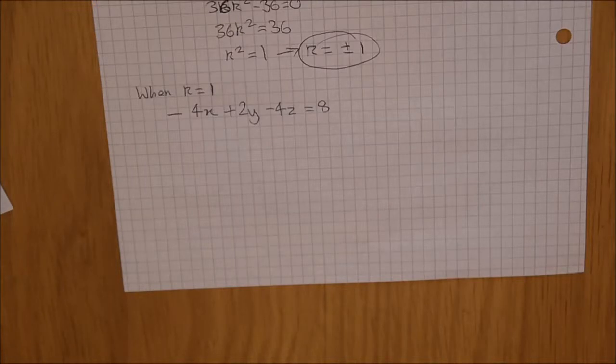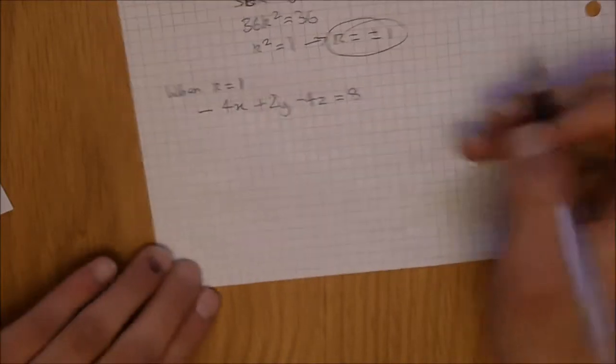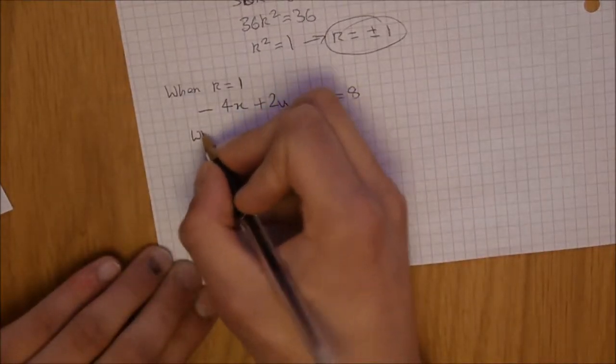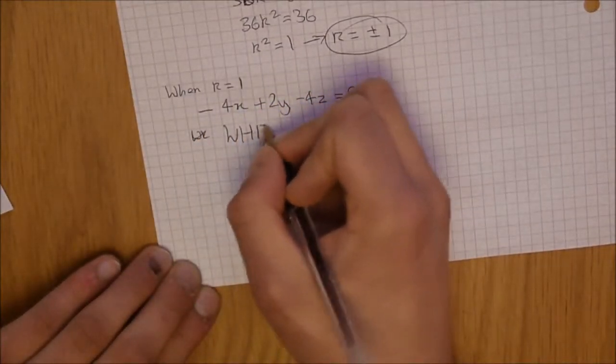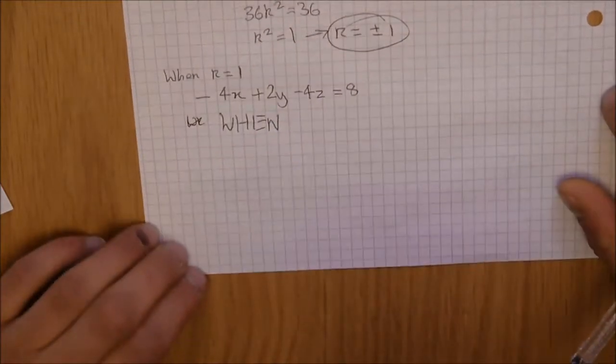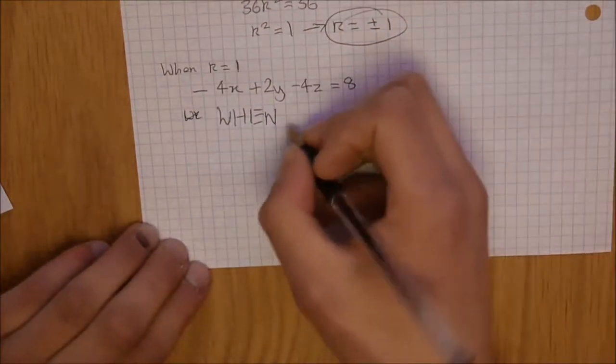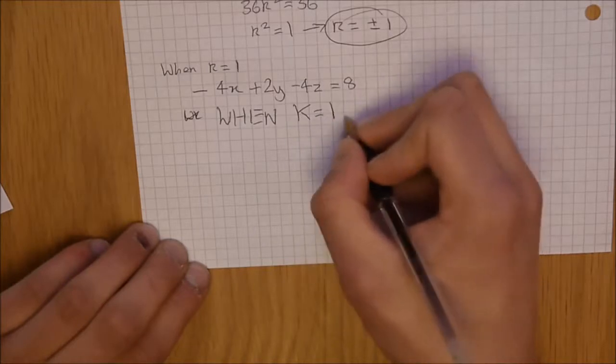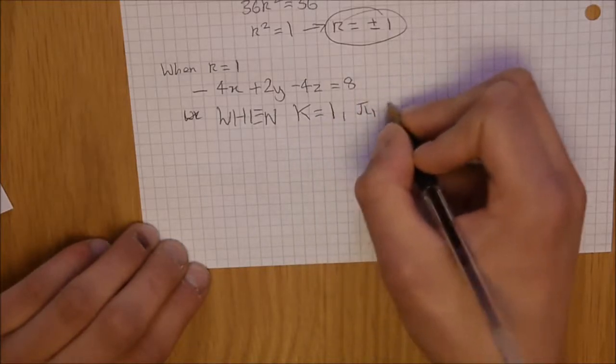And what does that remind you of? The equation of plane 2. So therefore, we can say that when k equals 1, pi 1 is parallel.